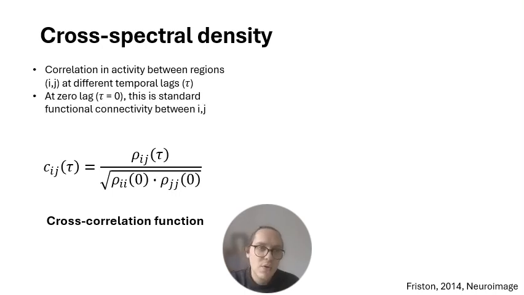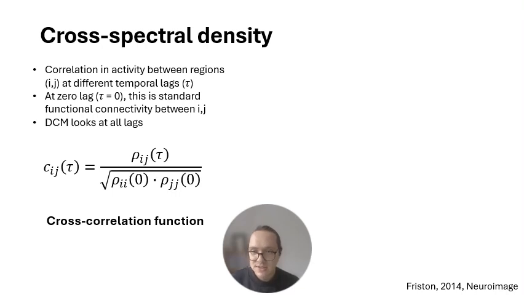The correlation at 0 temporal lag, the instantaneous correlation between brain regions, is what we think of as a kind of standard resting state functional connectivity that you get in other types of analyses. In DCM, what we actually do is look at all temporal lags.